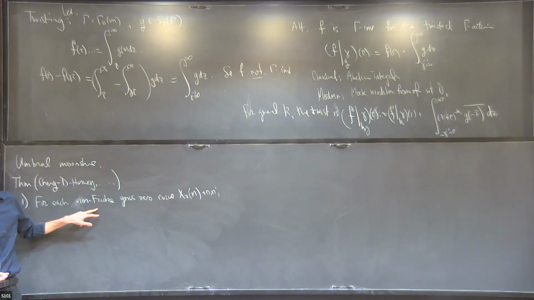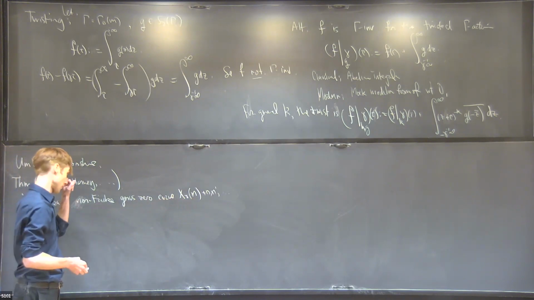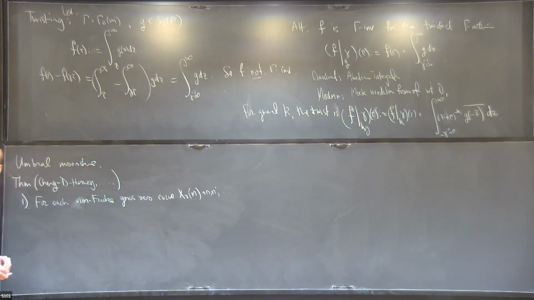It's the non-Fricke part. So there's some finite list of possibilities which are genus zero.